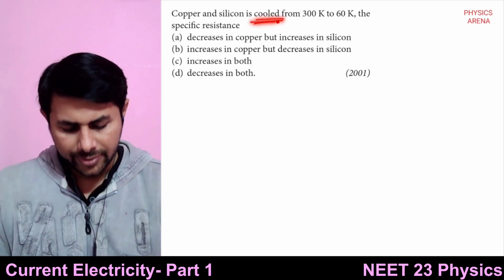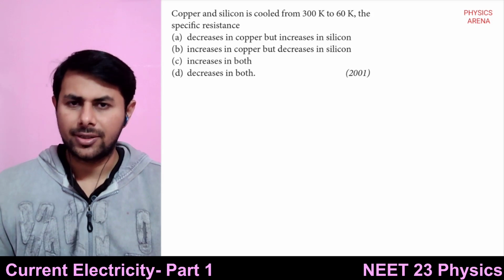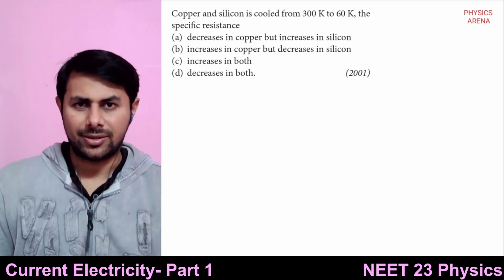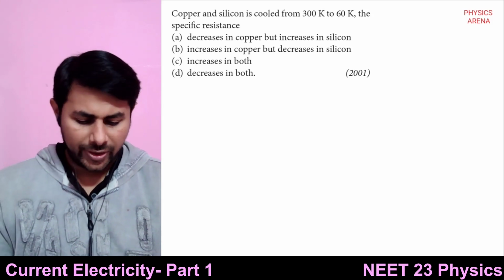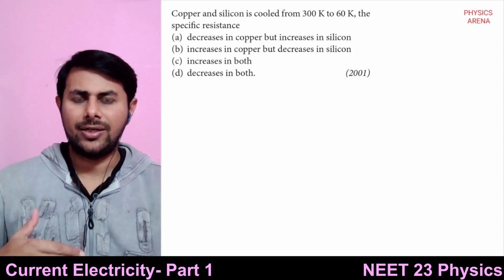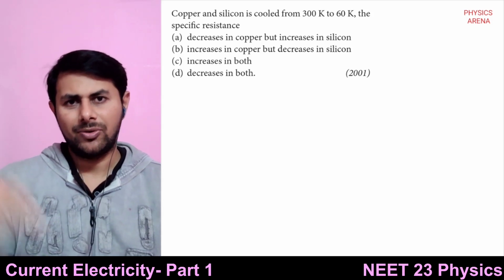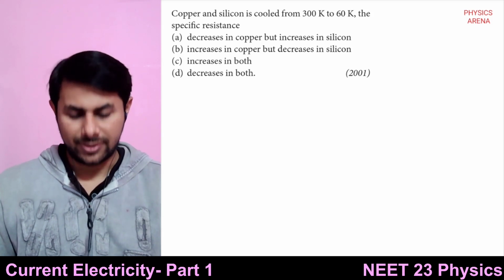They are cooled. Copper is a metal, right? Silicon is a semiconductor. For semiconductors, if they are heated, the resistance and resistivity will decrease.